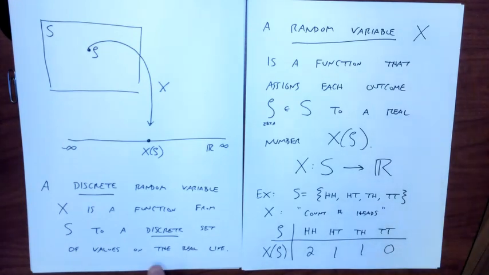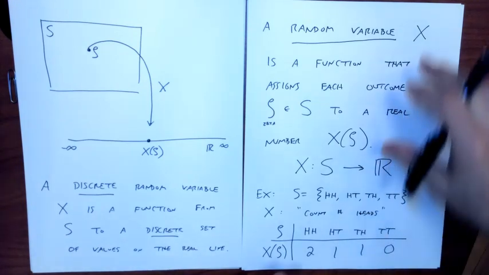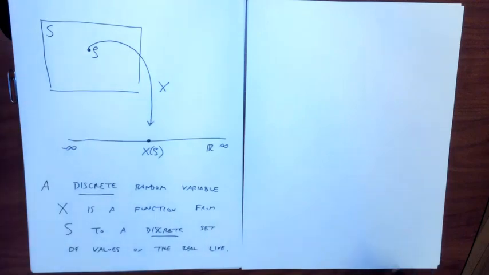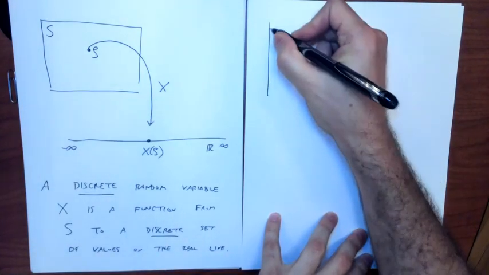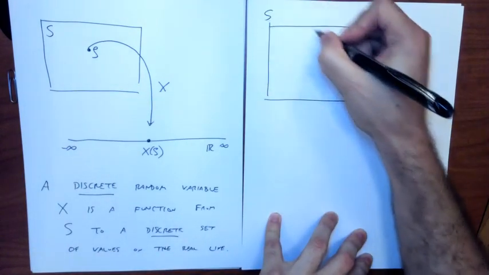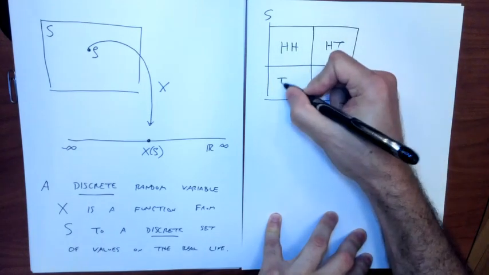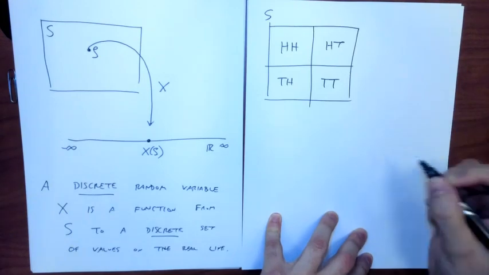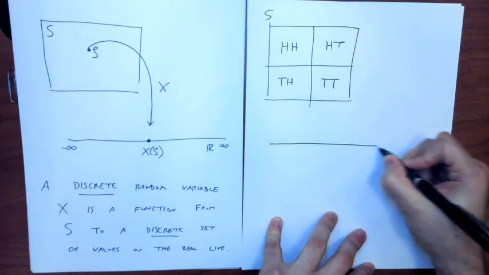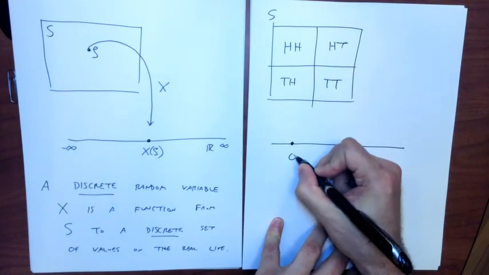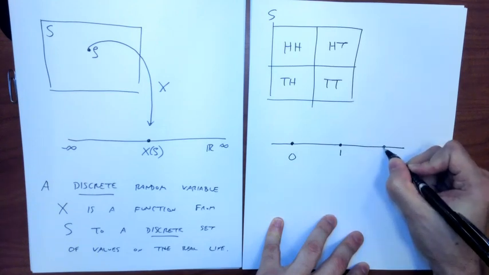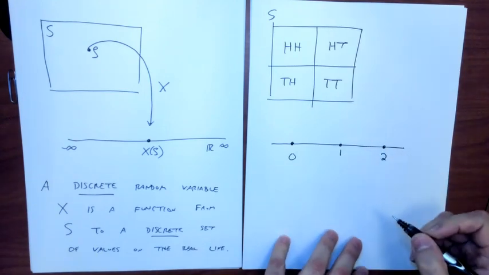So what I mean by this statement is something like this, right? I have my sample space. Again, let's go back to that example. Here's my sample space, here are my possible outcomes. And then here is my real line, and here are my discrete set of values, 0, 1, or 2, right?